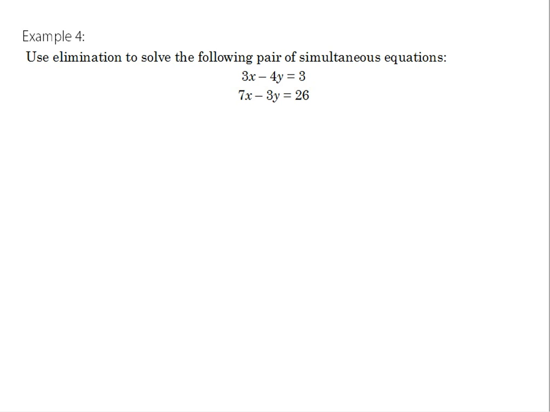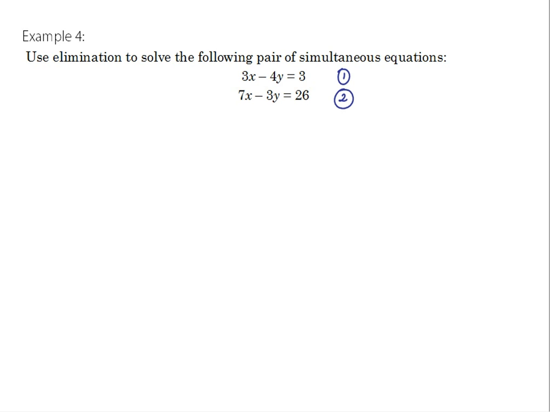Okay, so the last example here, it's clear that we don't have the same term in both equations, and we're going to need to multiply both equations by something in order to create the same term, because 3x and 7x, 3 and 7, one isn't a factor of the other. Similarly for 4 and 3.